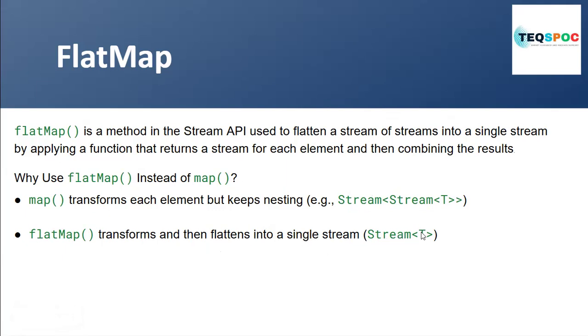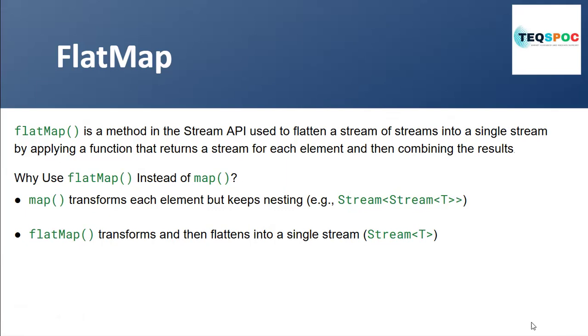Flat map returns a stream of objects, but map returns a single object every time. That is the second difference. Flat map has both flatten and map operations.